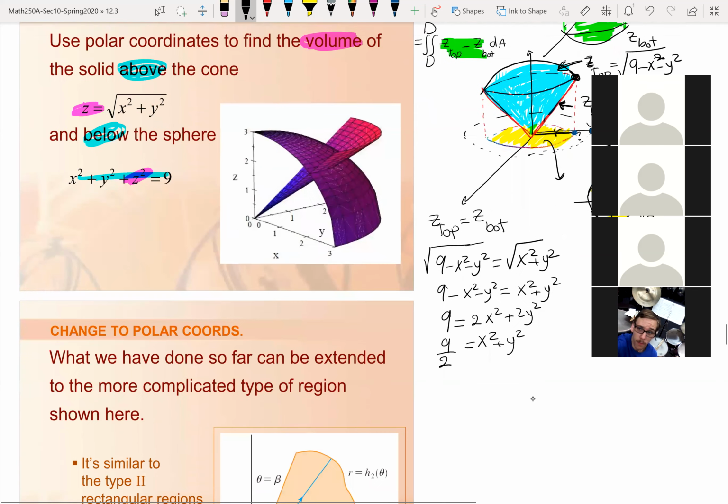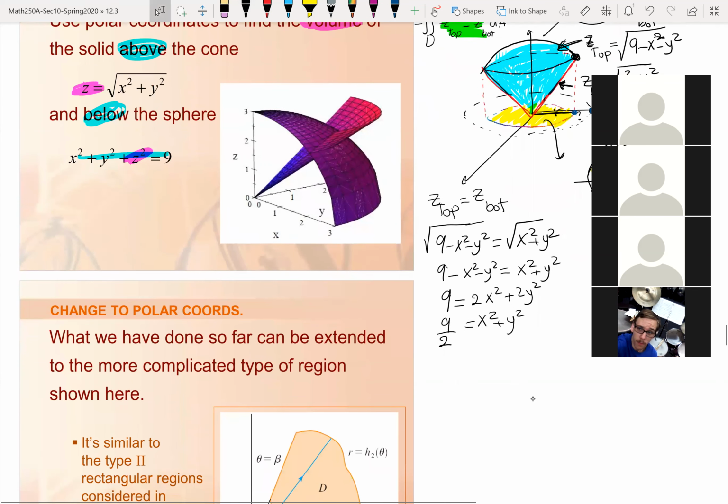We are ready, so we can set the limits of integration. The angle is the first one, since it's going to be a full revolution. So it's just from 0 to 2 pi, all the way, because it's a full circle. And then the radius is from 0 to the radius we found.